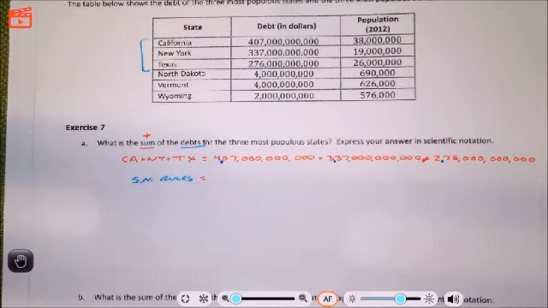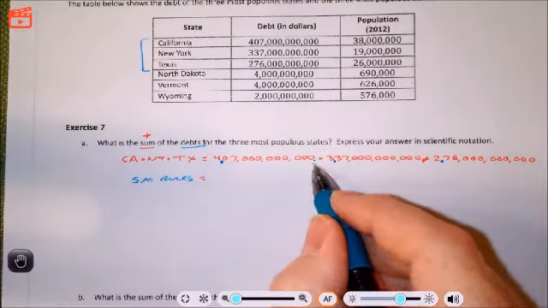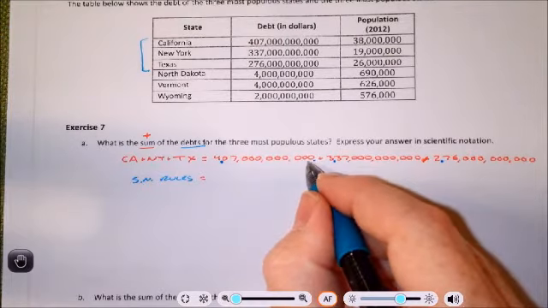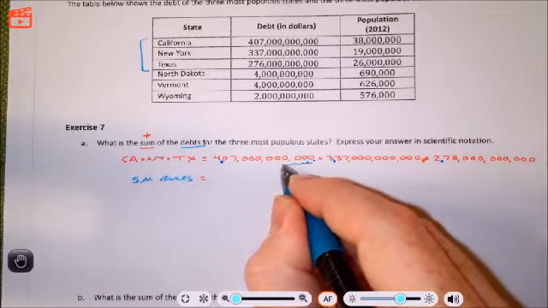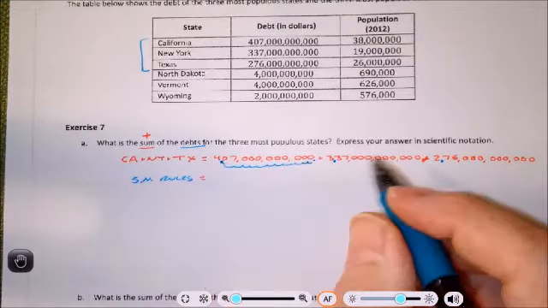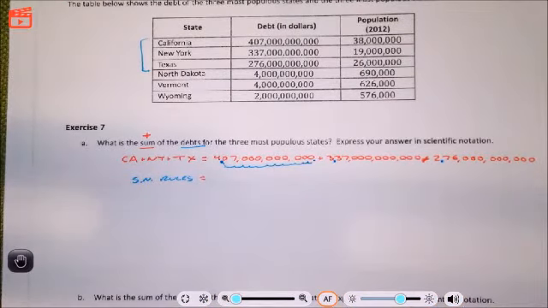Now I need to figure out how many place values I'm changing it, because here's where the decimal used to be. How many place values did it change? Well, count: 1, 2, 3, 4, 5, 6, 7, 8, 9, 10, 11. I'm moving the decimal 11 place values.